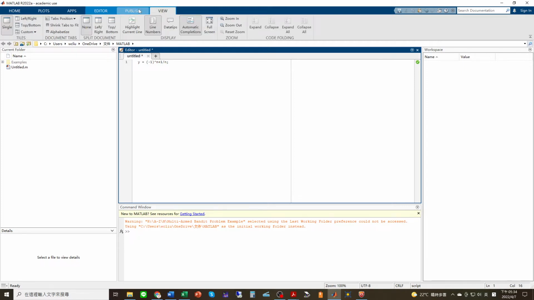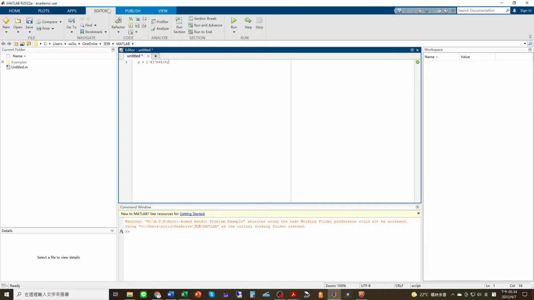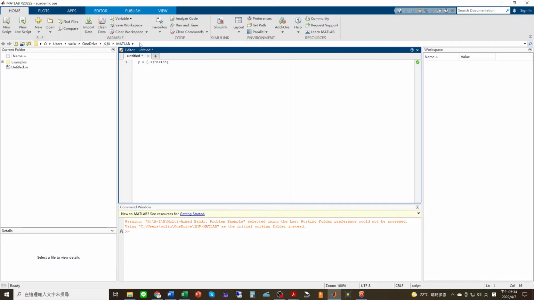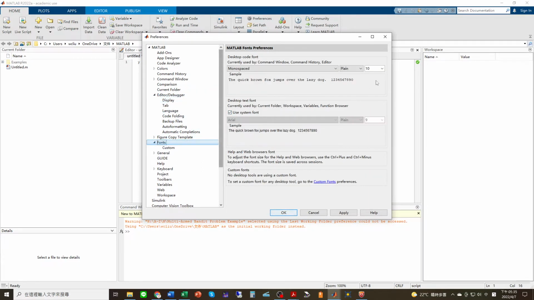Preferences, fonts, change the font size to 18.